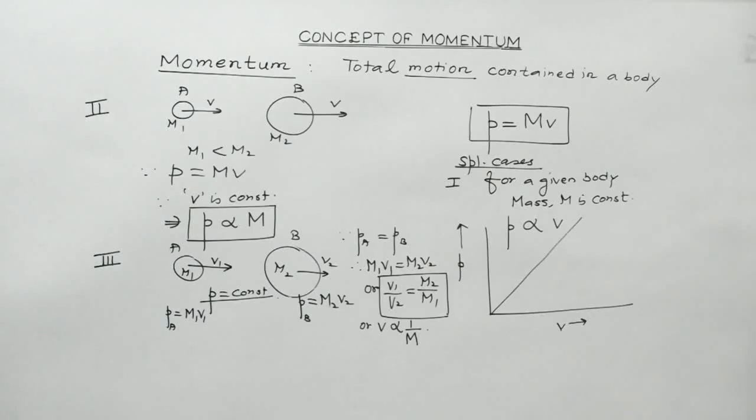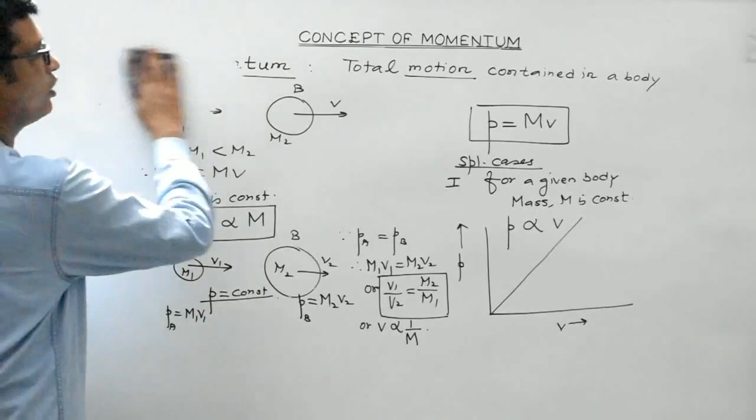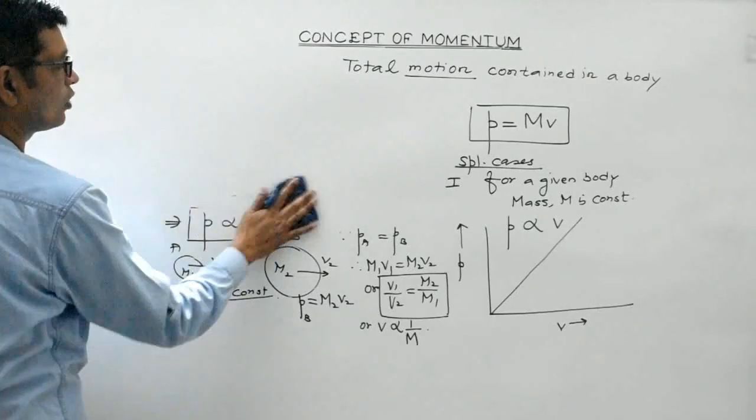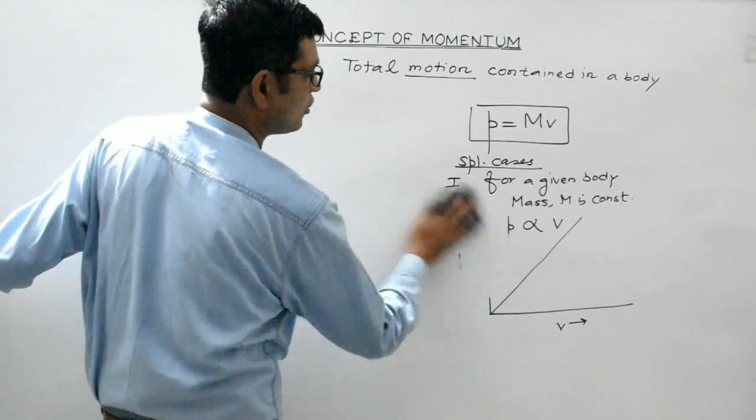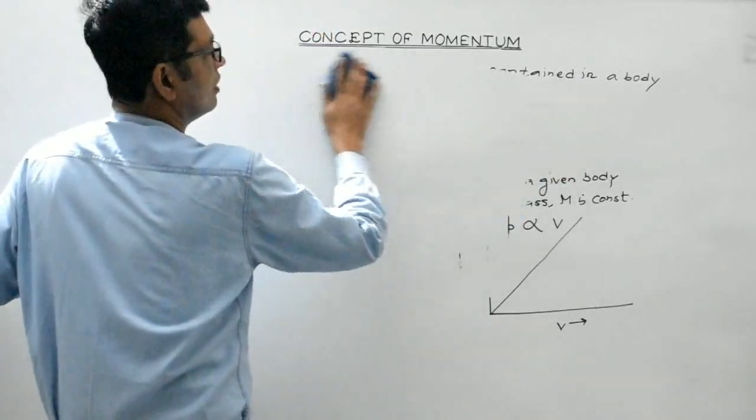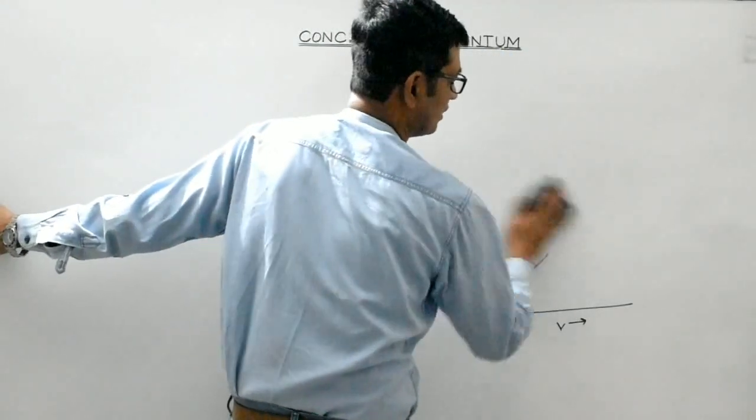Now let's discuss the change in the momentum of a body and try to find out what the quantity, the change in the momentum, or rather the time rate of change in the momentum, represents or signifies.